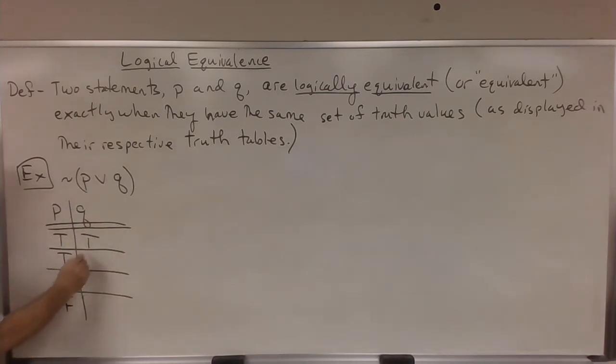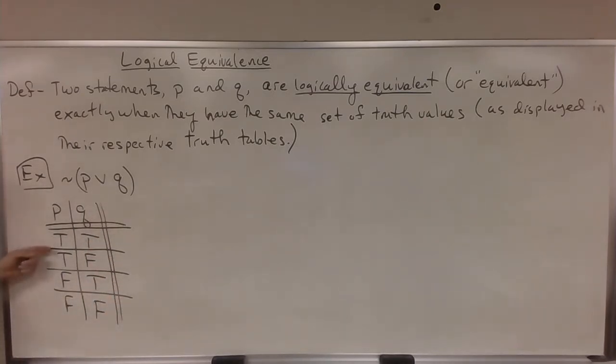And then we go true, false, true, false. These are all the possible combinations of truth values of P and Q. Each different combination of truth values of P and Q is displayed exactly once.